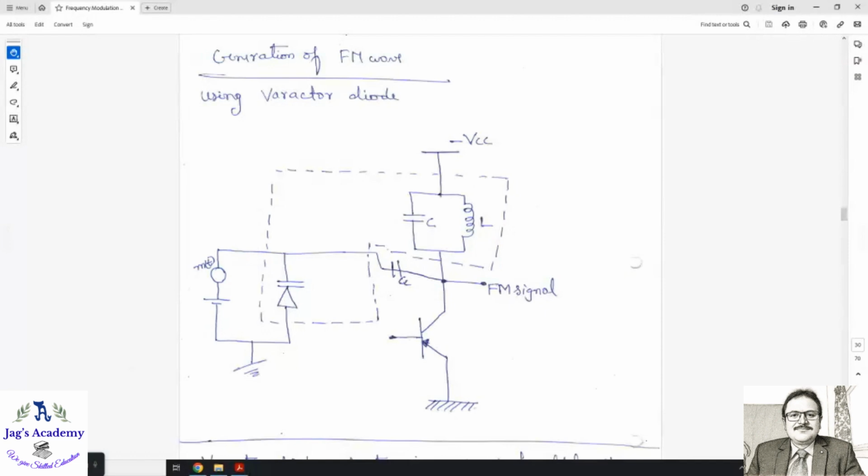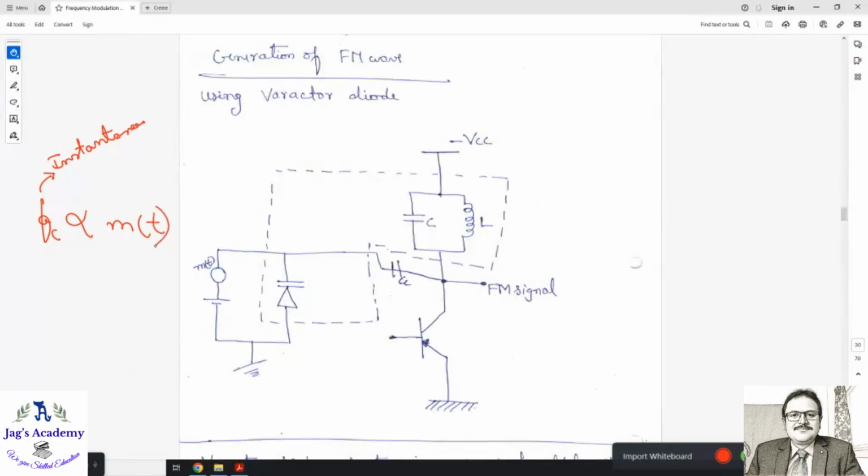Let us go back to our basic principle of FM. What exactly are you doing in FM? The instantaneous frequency of the carrier wave, we are making it proportional to the message signal m of t.